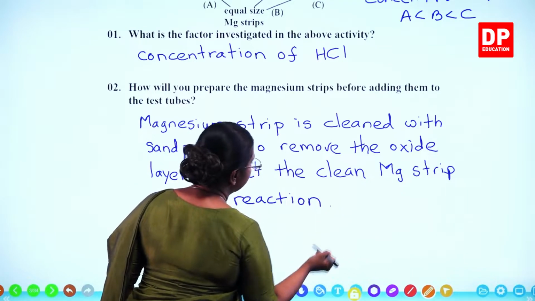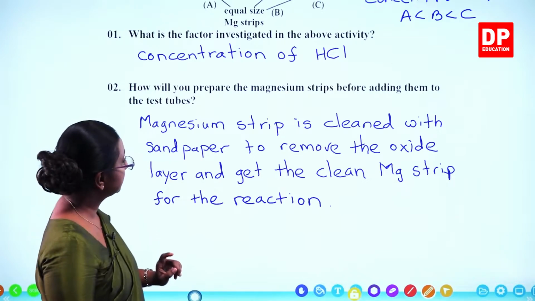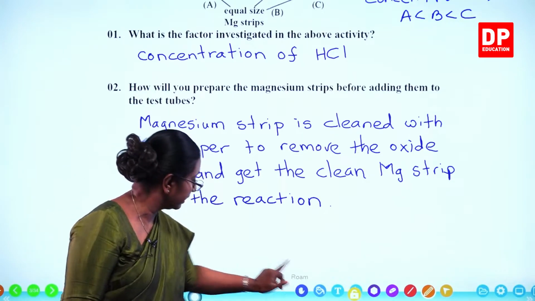You can stop at that point also. So this is what you need to do before the reaction.